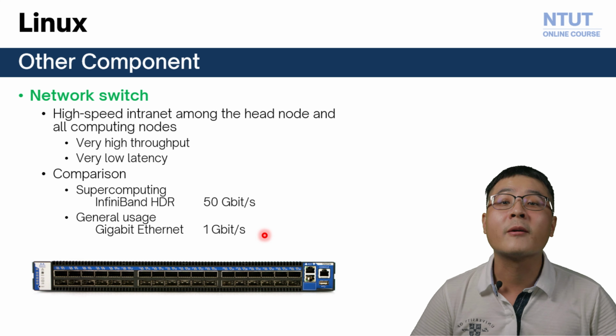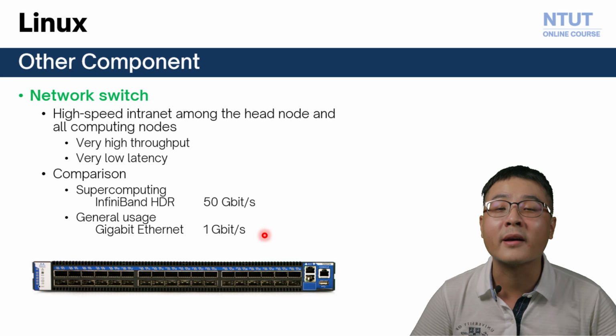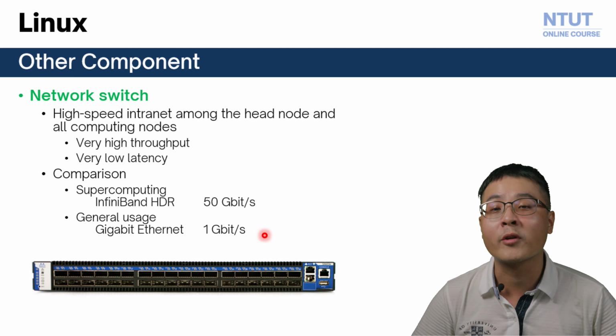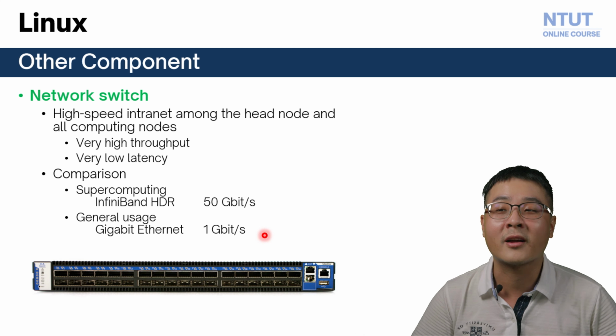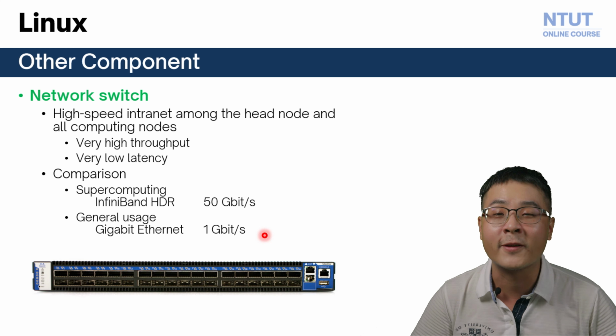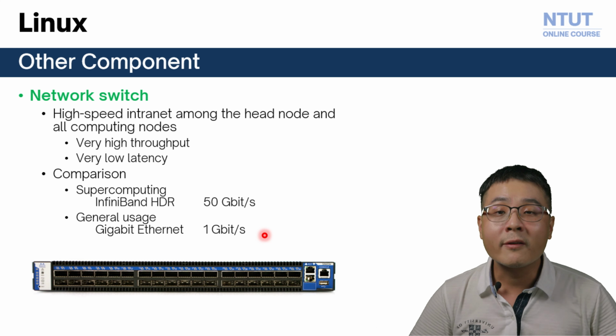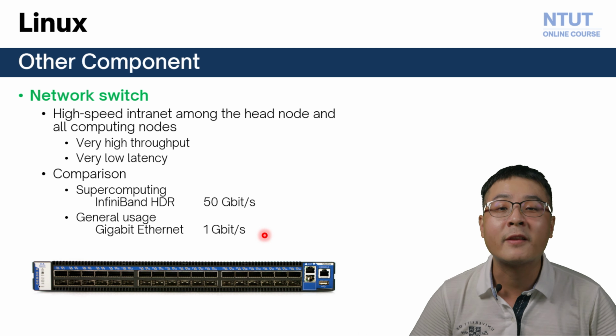So if we make a brief comparison between the network switch used in supercomputing and the network switch used in general usage, such as the computer in your home or in your office. The network switch for supercomputing, for example, one well-known type is InfiniBand. For InfiniBand HDR, we will have 50 gigabits per second as speed.